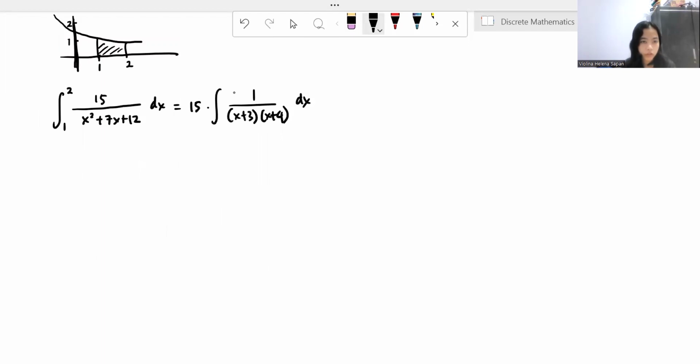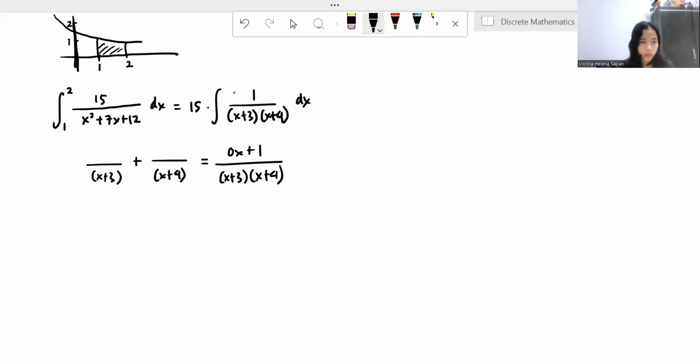This is the original fraction, right? So we can separate it to 1 with the x plus 3 denominator and 1 with the x plus 4 denominator, and this will be equal to, we can think of this one as 0x plus 1 over x plus 3 times x plus 4.